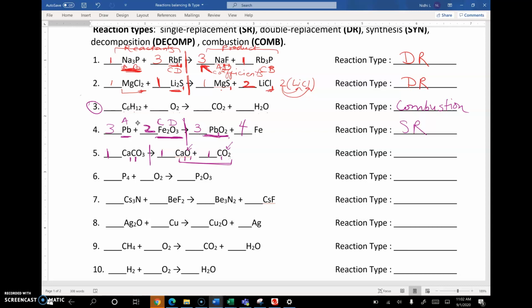This type of equation where you start with the combined formula, it's like one thing, okay? One compound. And then in the products, it's split up. This one is called a decomposition. Okay, decomp. They're breaking up, okay? They're breaking up. In the reactant, it was 1, and in the products, it's breaking up.